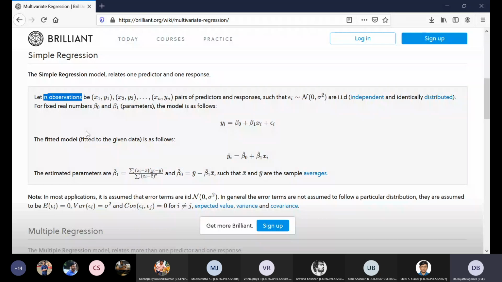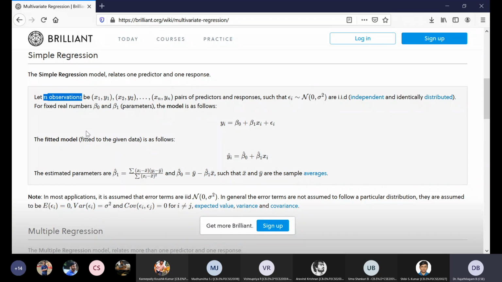So in this simple regression context, let us define how we will no longer call them slope and y-intercept. We will simply say they are parameters. So yi is equal to beta 0 plus beta 1 into xi plus epsilon i.